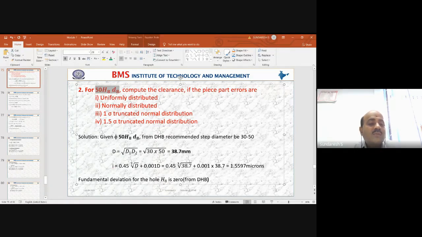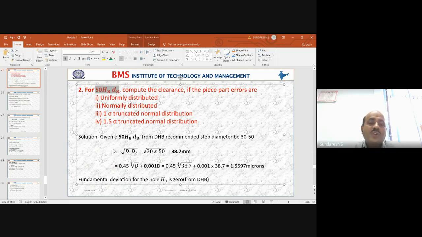And when you come to this 50 capital H8 and small d8, 50 represents the basic size, or a nominal size, anything you can call it. Capital H is used to represent the hole. Capital letters are used for representation of a hole. And 8 is the tolerance indicator, or tolerance grade, we can call it.